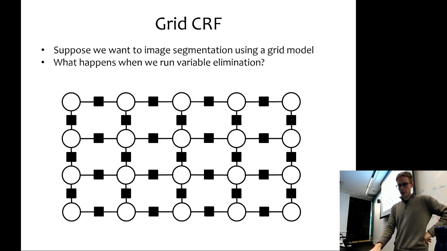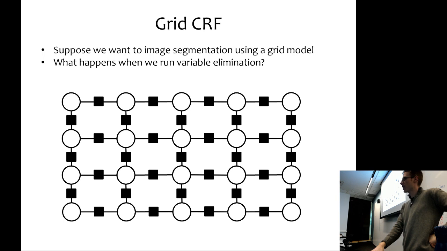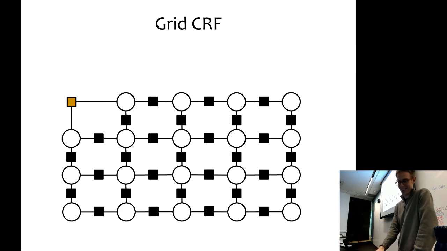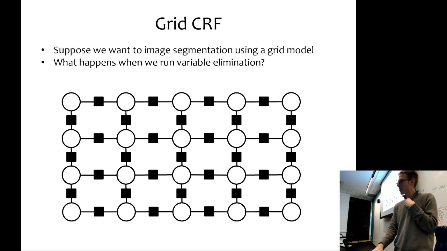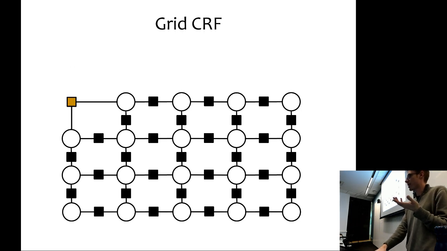So now, suppose we said, this mean field variational inference seems like a lot of work. Let's just do variable elimination, right? That was easy, deterministic, it gets us exact marginals. Okay, so you eliminate the first variable. It's actually really easy, right?